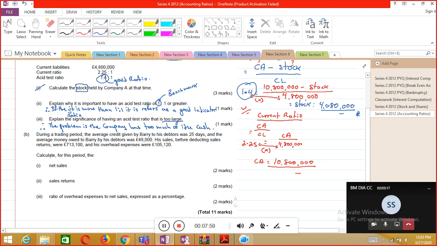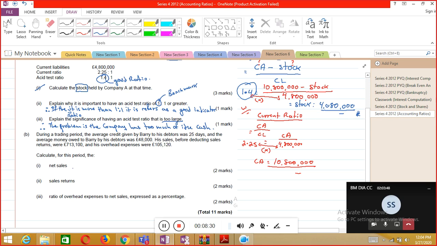Next, during a trading period, the average credit given by Barry to his debtors was 25 days, and the average money owed to Barry by his debtors was 48,000. His sales before deducting sales return were 713,100, and his overhead expenses were 105,120.